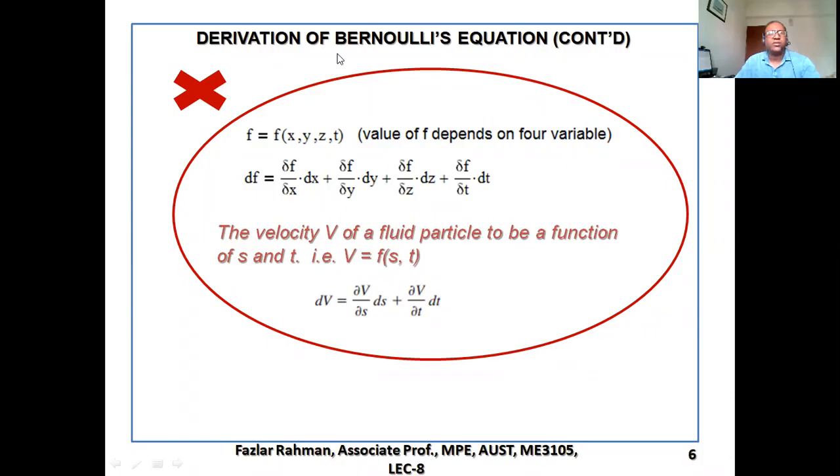So v equal to a function of s and t. And we match with this formula. We like to figure out the change of velocity equal to del v by del s into ds, plus del v by del t into dt. Okay.